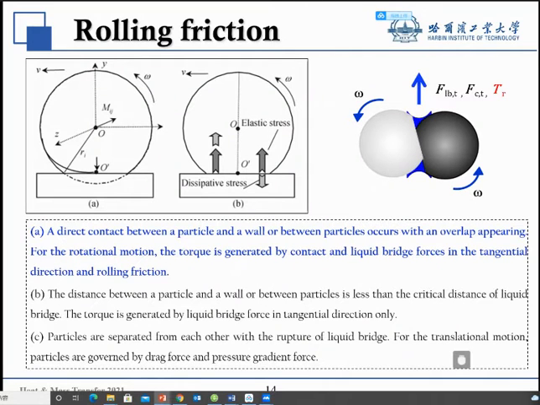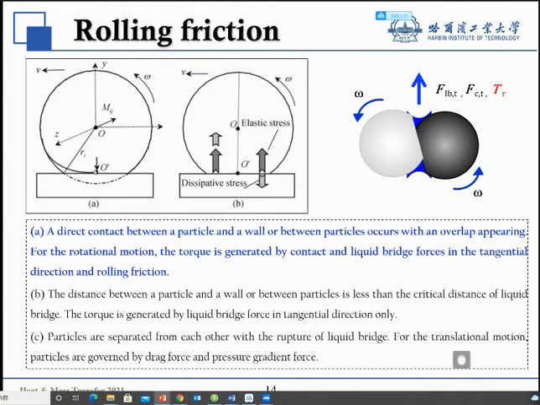For the rolling friction, I can introduce it briefly. When particles collide with another particle or collide with the wall, we allow a small deformation before the contact point. So we can say that a direct contact between a particle and a wall or between particles occurs with overlap occurring.